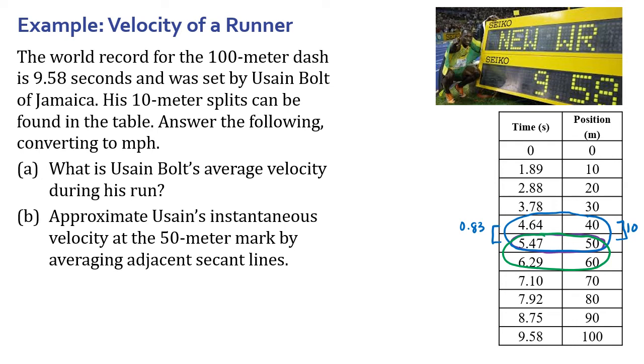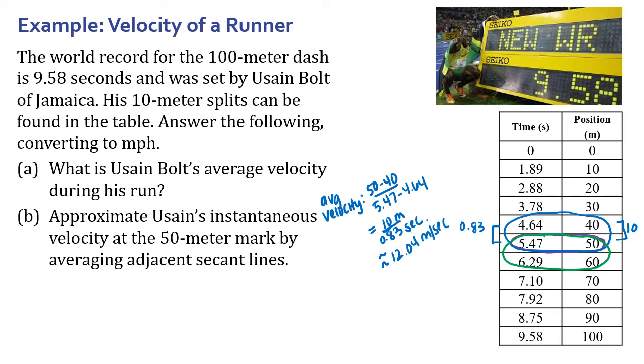So as he's approaching that 50 meter mark, his average velocity there is going to be 50 minus 40 over 5.47 minus 4.64, which gives us 10 over 0.83, and let's use our units, so 10 meters over 0.83 seconds, which is approximately 12.04 meters per second.